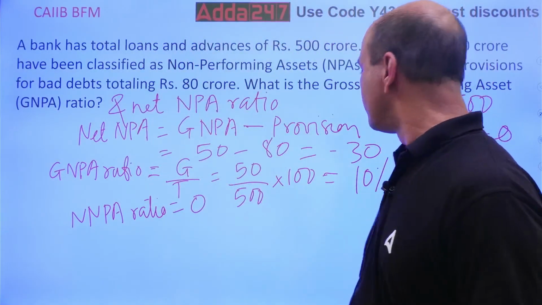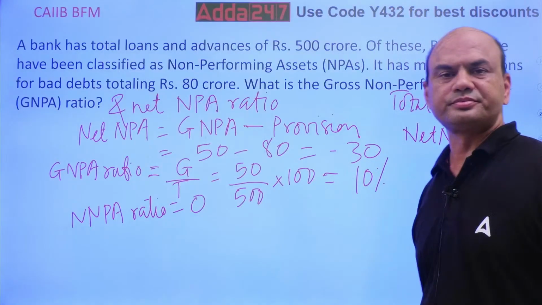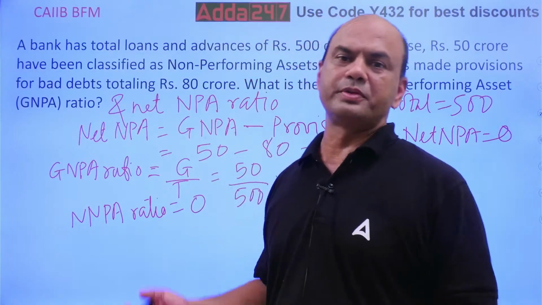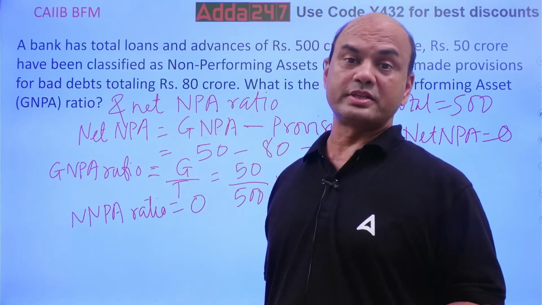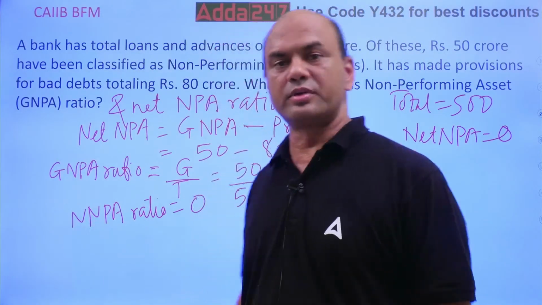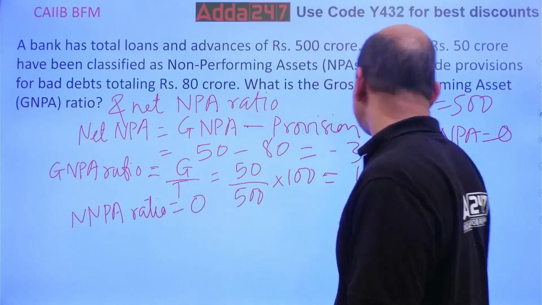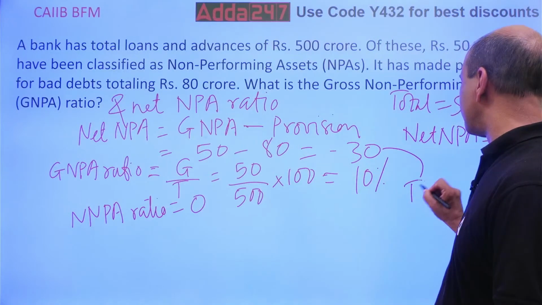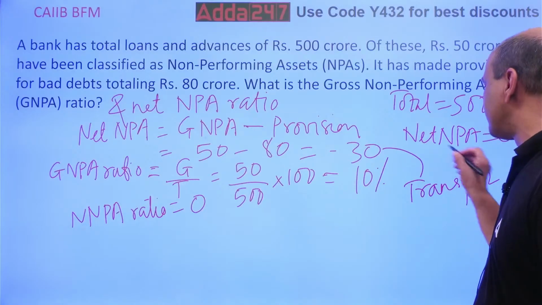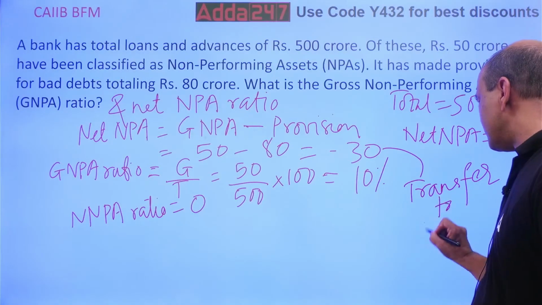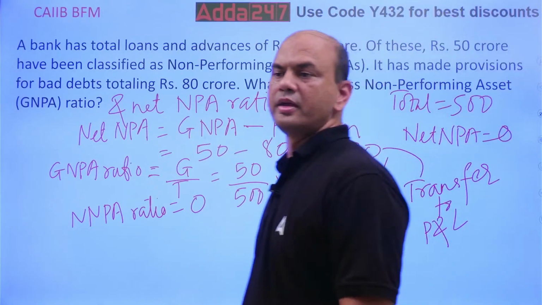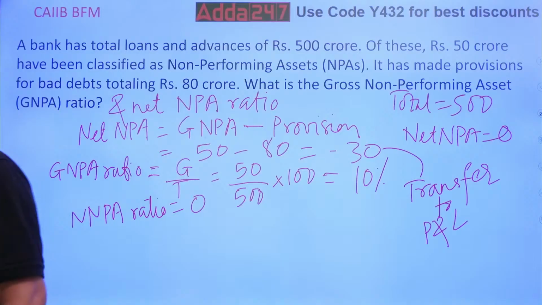But what to do with this minus 30? I had an NPA of 50, and I made a provision of 80. So what to do with this remaining 30? I have to transfer it back to the P&L account, because ultimately this amount has come from the profit.